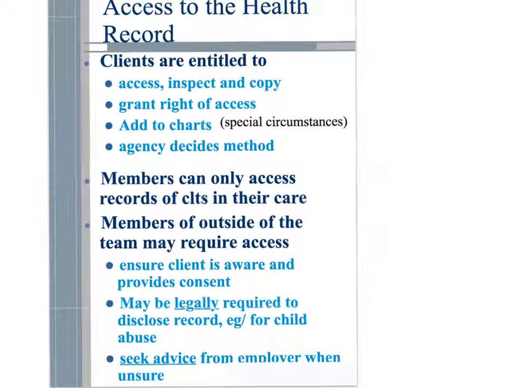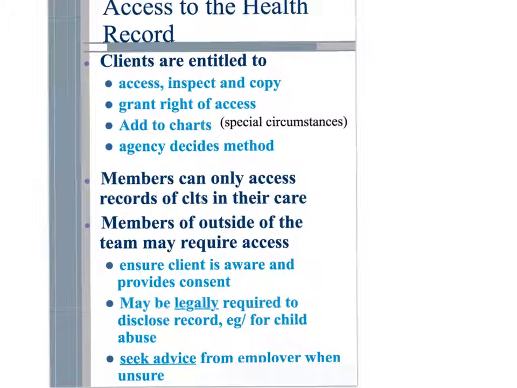And sometimes there are people outside of the healthcare team that are requiring access to the chart records. For instance, if you are part of a research study, or the records are going to a court of law because of allegations of child abuse or something else.